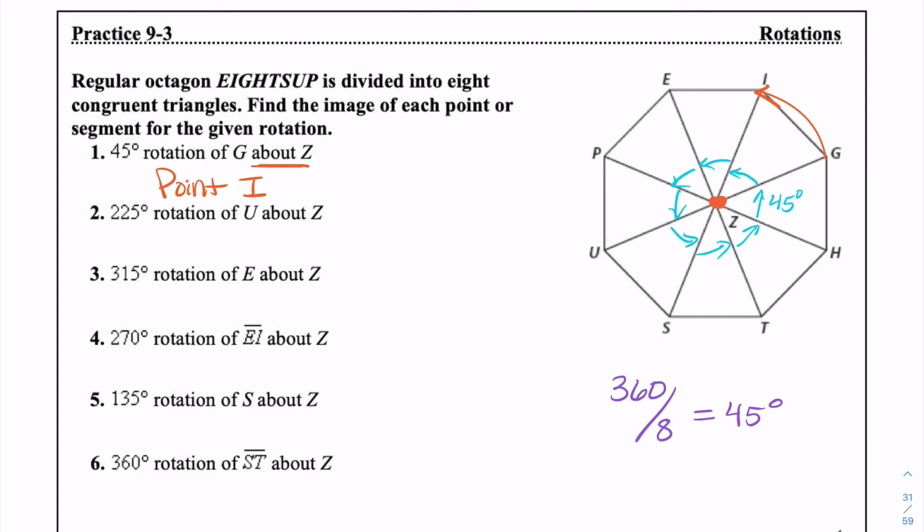225-degree rotation of U about Z. So let's see. 45, 45, that's 90. 45 and 45 is 180. And then 225 brings me to the same point I. That would be 5 rotations.